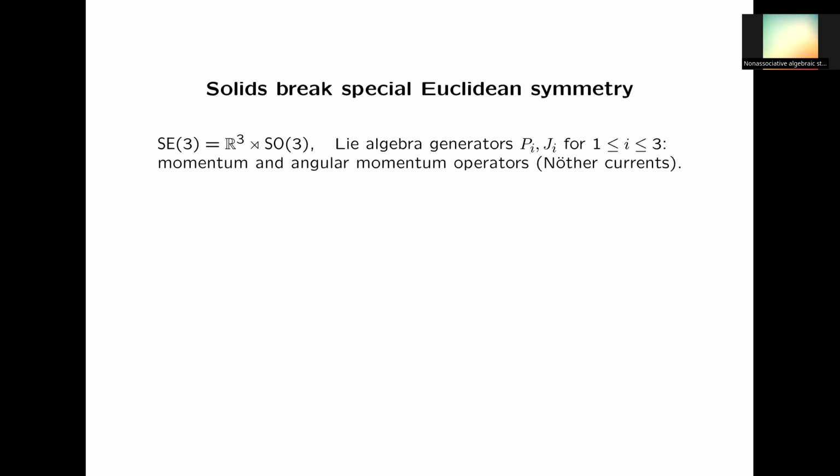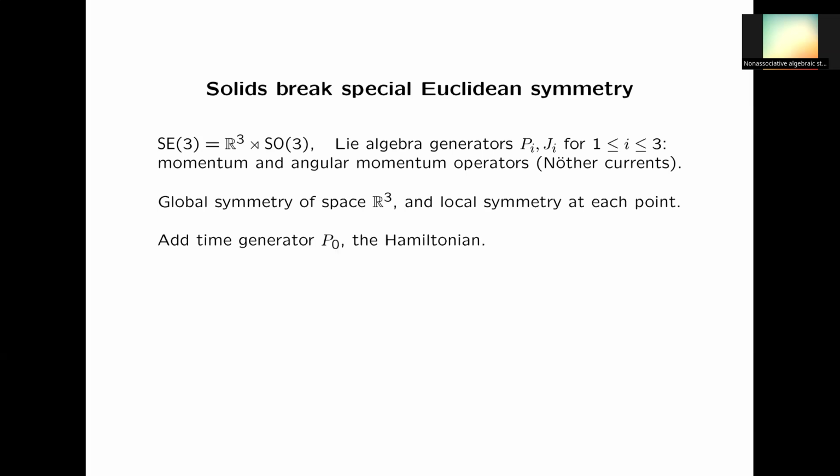In quantum mechanics, there are so-called Noether currents associated with those, and those correspond to the momentum and angular momentum operators. So that's the global symmetry of the space R3, and local symmetry at every point. We also have to add the time generator P0, which corresponds to the Hamiltonian, measuring the energy of the system.